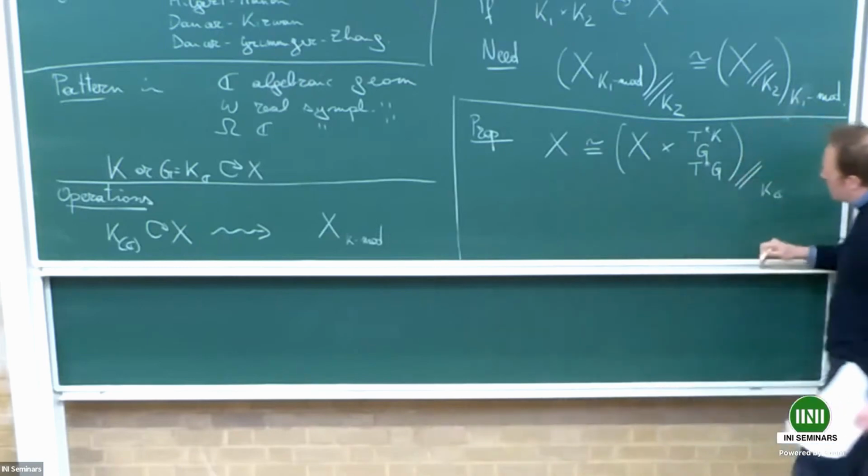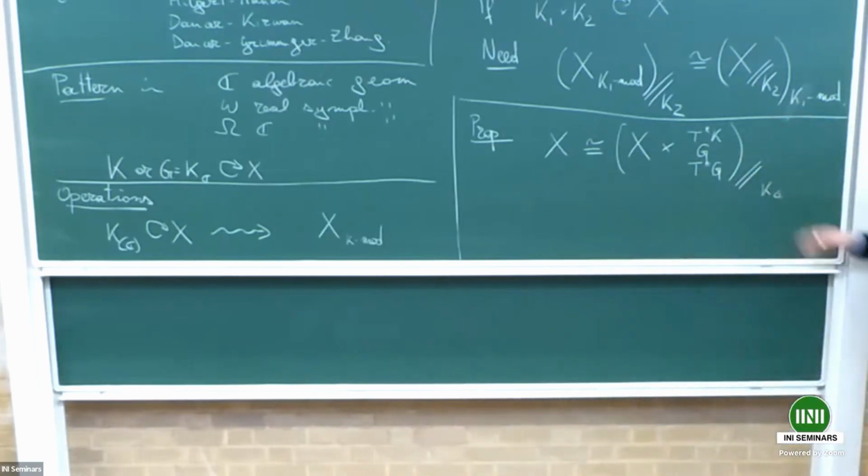So again, for now, I'm going to be very sloppy. The 2 bars just refer to the reduction in either of the 3 categories, even though at some point later I'll have to be a bit more precise about this.